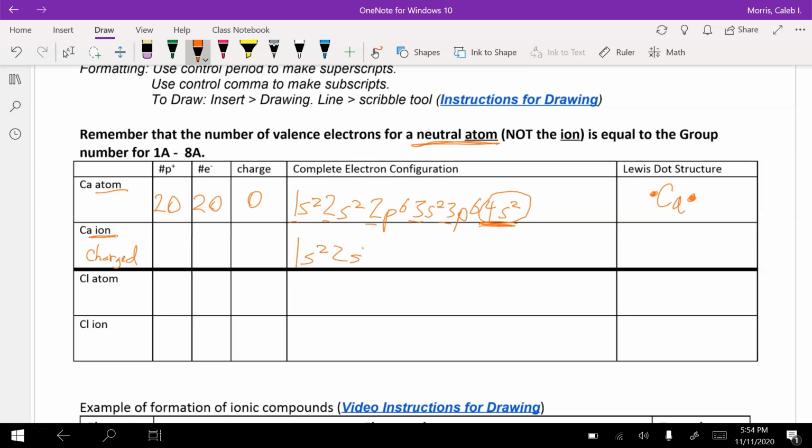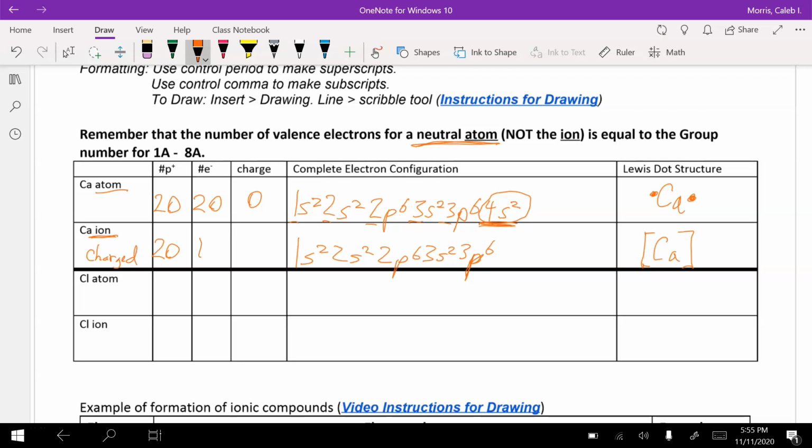1s2, 2s2, 2p6, 3s2, 3p6. And the way that we show this in the Lewis dot structure is we draw it without electrons. That's just a way of showing that it gave those 2 electrons away. And then we want to put the charge on the outside. Well, how do we know the charge? We'll figure it out. I've got 20 protons, and since I lost those 2 electrons, I have 2 fewer electrons.